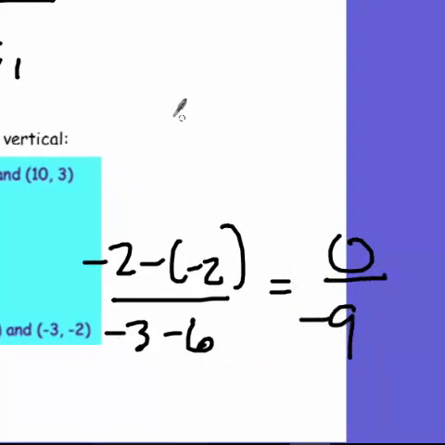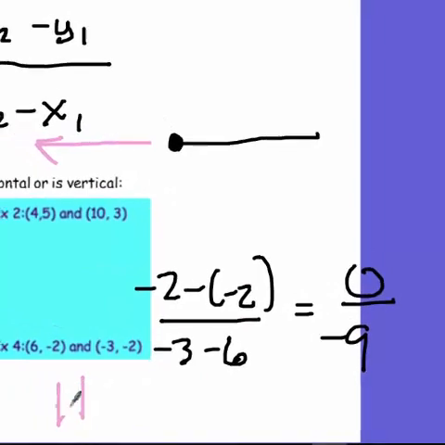Well, what does that mean? That means it rises nothing. So if that was my start, it rises nothing from here, goes up nowhere, but it runs negative 9. So it's going to be going over negative 9. So that gives me a horizontal line.